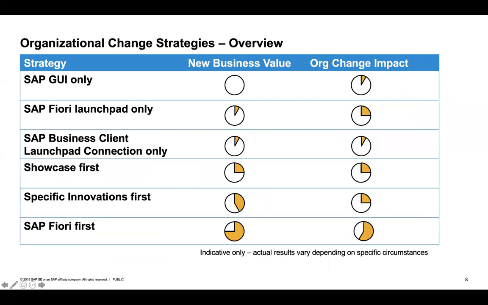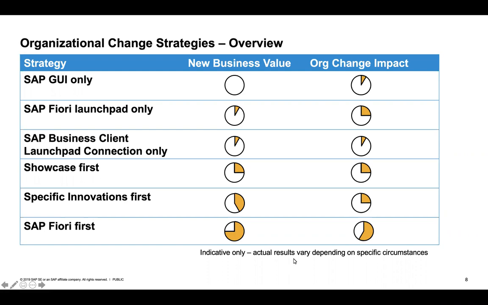Now, this is where I'm going to give a little bit more detail. But I thought it would be quite helpful to have a little bit of an idea of impact versus business value. So this is a little summary, and I'll explain in more detail. And of course, these are just indicative.